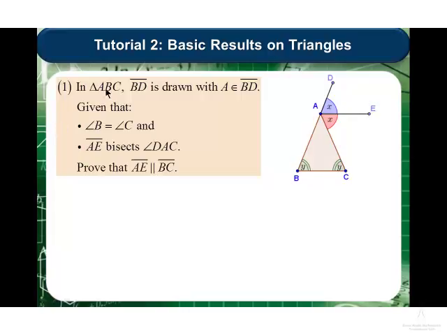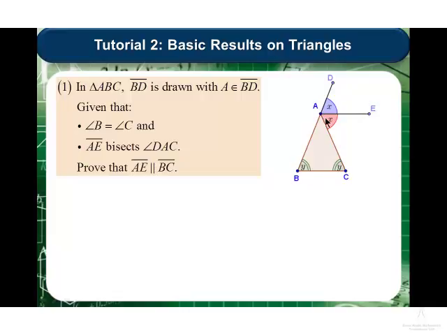We're given a triangle ABC, and the side AB is extended to the point D as indicated. So BA is extended to D, and we're also given that in triangle ABC, angle B is equal to angle C. So we have an isosceles triangle, and let's say both these angles are y, and furthermore, the line segment AE bisects the angle DAC.